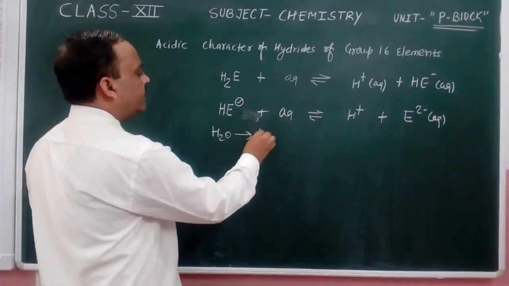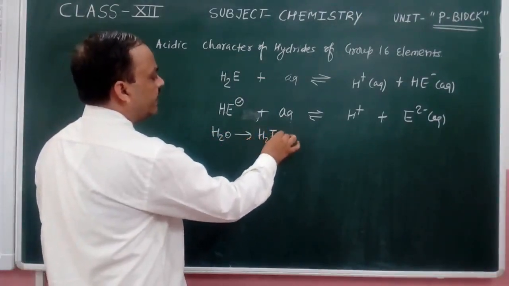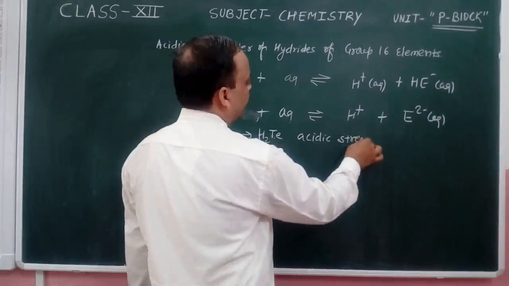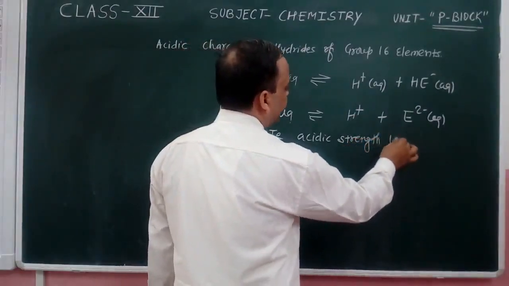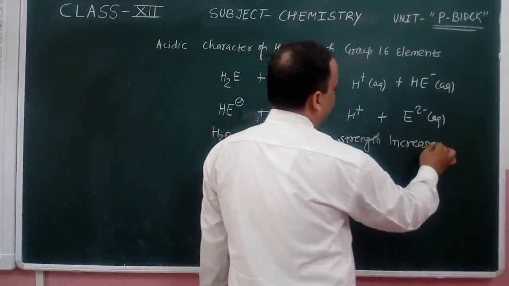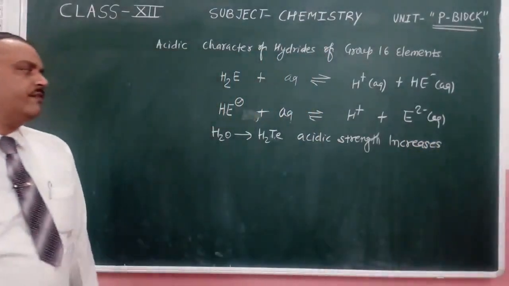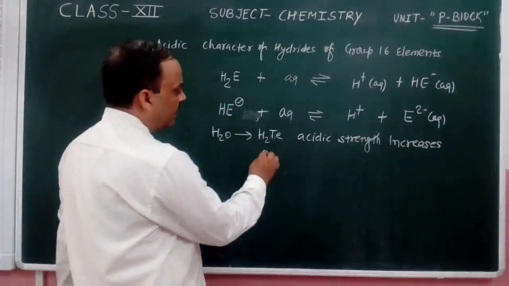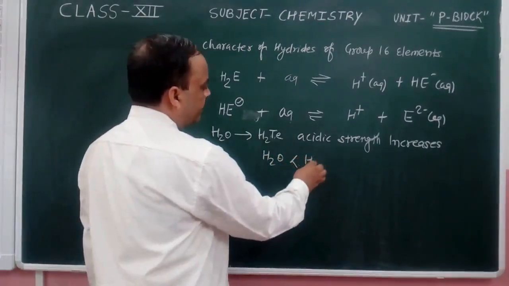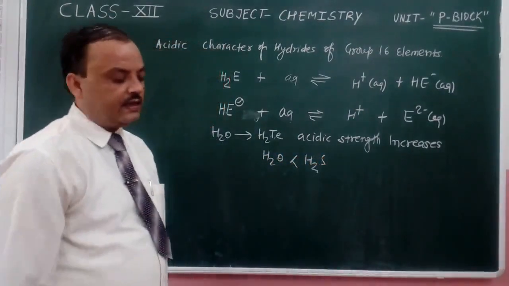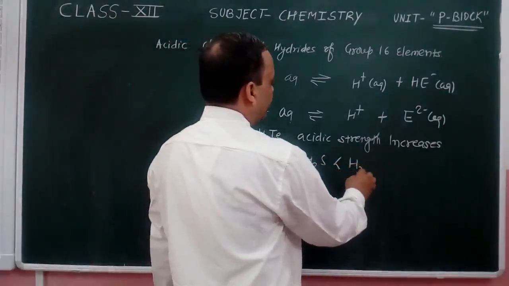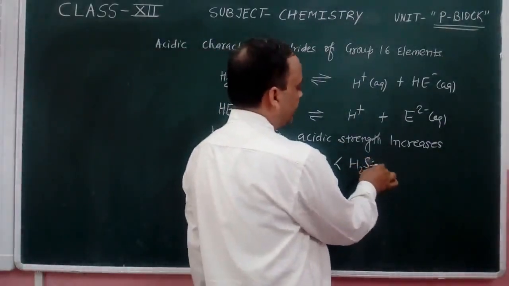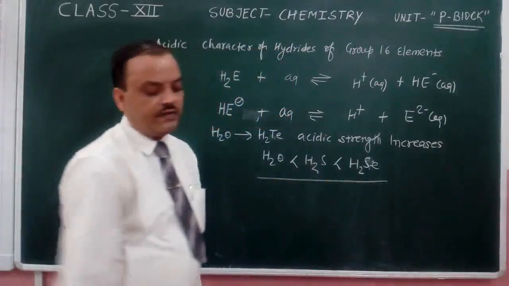When we move from H2O to H2Te, acidic strength increases. So the order is H2O, H2S, H2Se, H2Te.